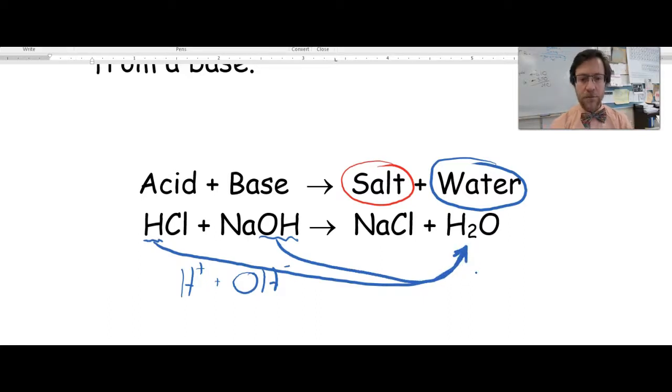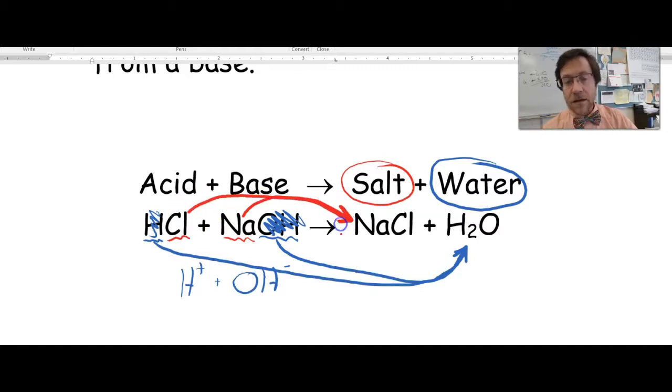Nature loves water. So what's left over? Well, what I like to do is scribble out the H and the OH. So the positive thing is my sodium, the negative thing is the chlorine, and they get together in the beaker to create what's left over, a salt.